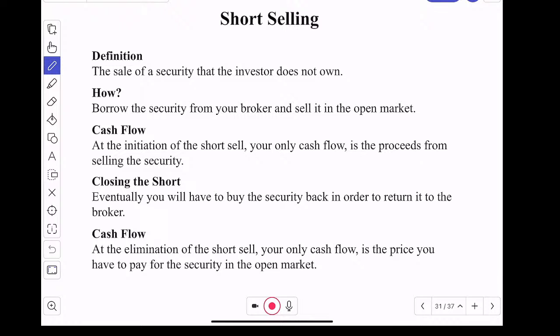So short selling, by definition, is the sale of a security that the investor does not own. How is this done? An arrangement is made with a broker to borrow the security and sell it in the open market. We assume there's no transaction cost in doing that. In reality, there would be a relatively small fee.